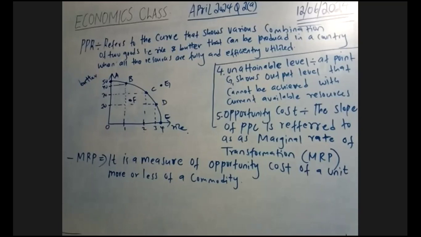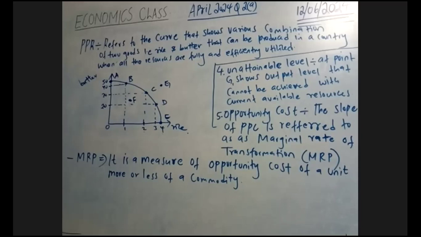That's how you're supposed to answer that question. You answer it in terms of scarcity, and you say the resources are limited within the boundary A, B, C, D, and E. Then for full employment, you say at points A, B, C, D, and E, any combination the country can produce given the available resources, that is full employment. Then you can talk about underemployment.